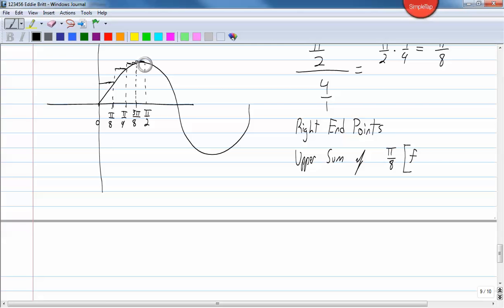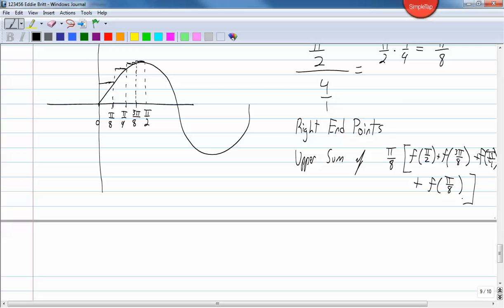So I started on the right, so f of pi over 2 plus f of 3 pi over 8 plus f of pi over 4 plus f of pi over 8.